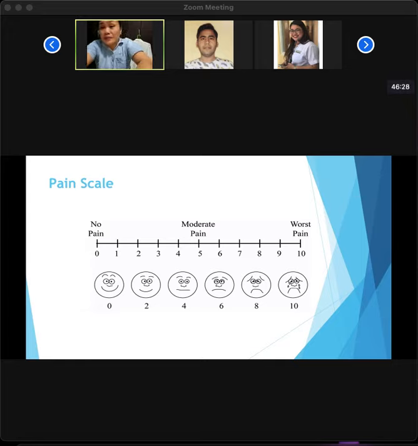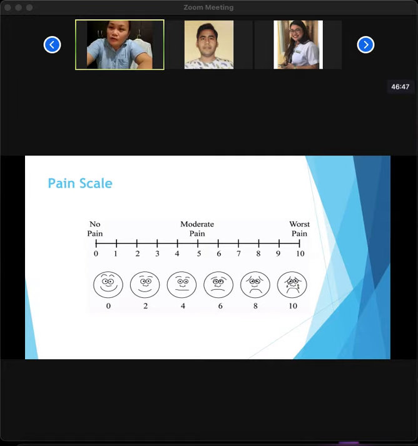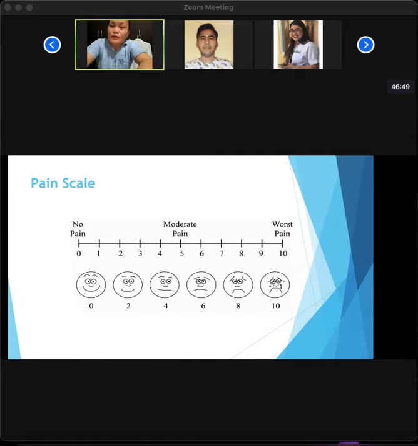So 10 na pag hindi na niya matolerate. Yung 0, no pain at all. Okay? And then the 10 is the worst pain. Siya yung mag-i-score, ha? Hindi ikaw. Siya yung pipili ng scores niya, kasi hindi naman ikaw yung nakaka-feel ng pain. Okay?